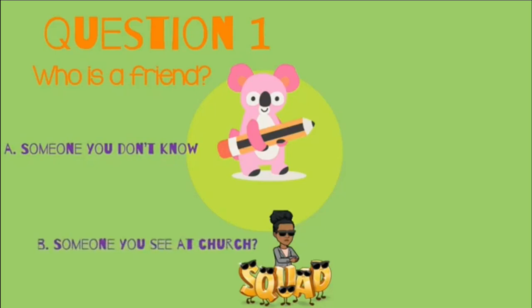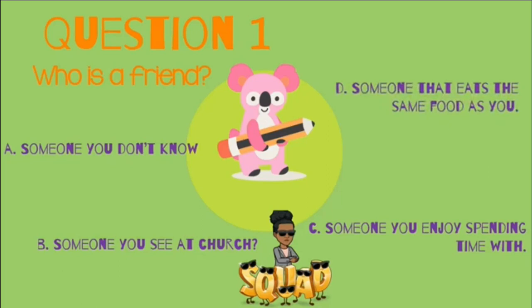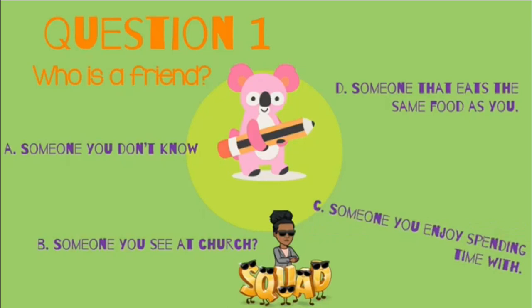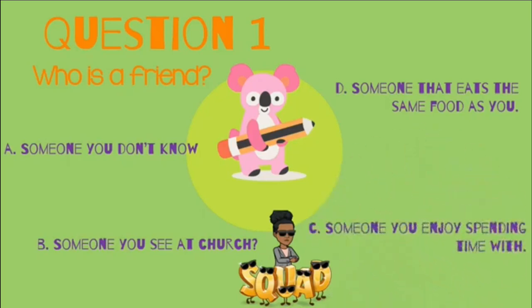B. Someone you see at church. C. Someone you enjoy spending time with. Or D. Someone that eats the same food as you. Is it A, B, C, or D? Did you say C? Awesome.